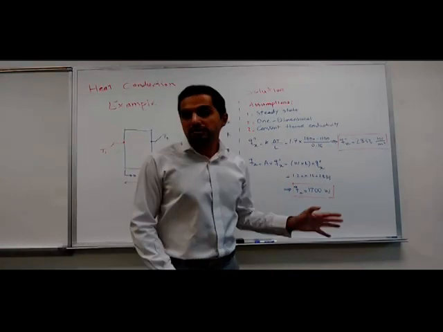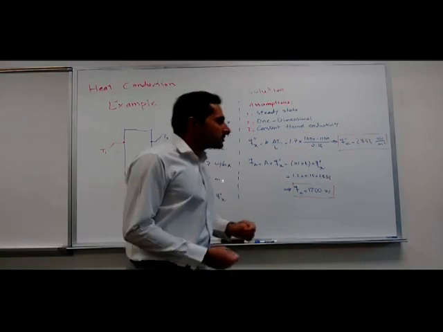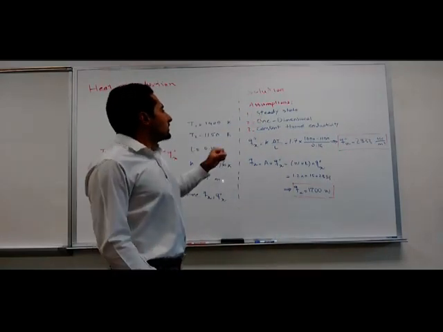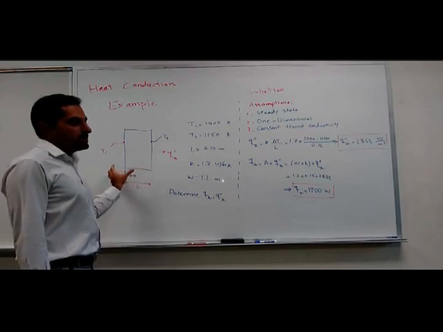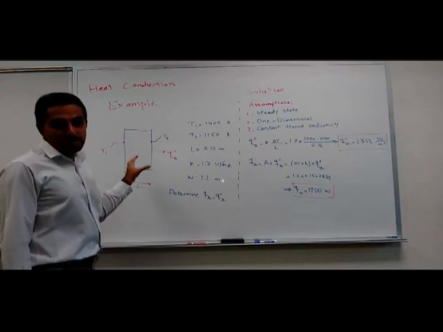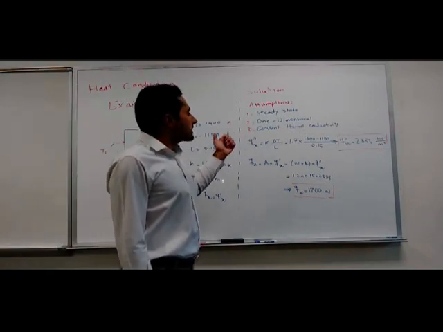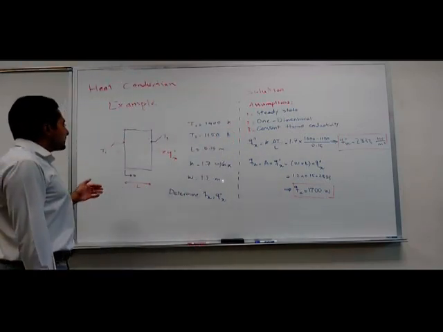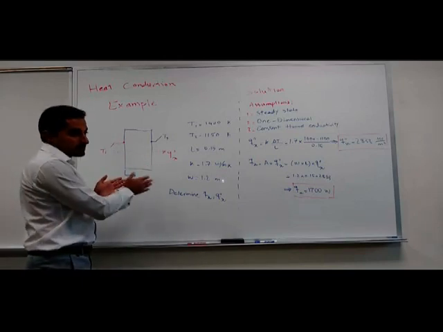Before going to the solution, we need to have some assumptions. First of all, the wall is at steady state, meaning no change in anything over time. The second assumption is there is one-dimensional heat conduction in X direction.